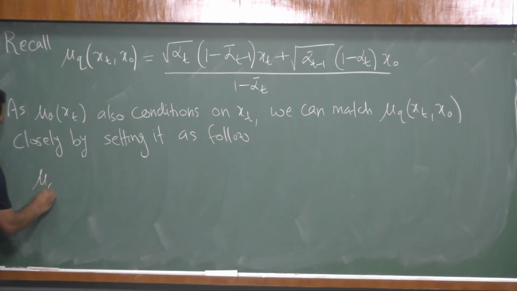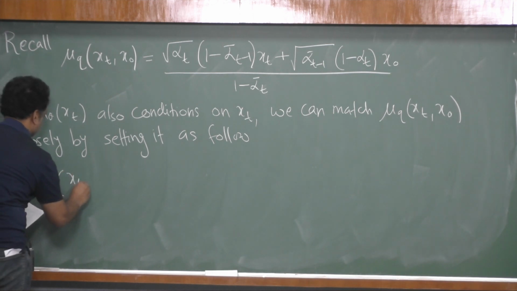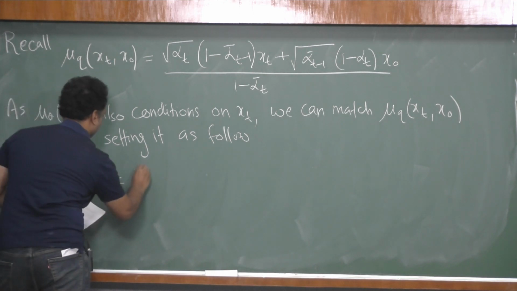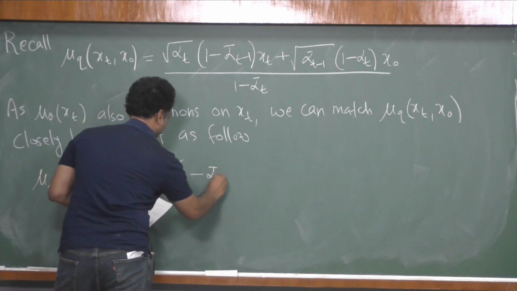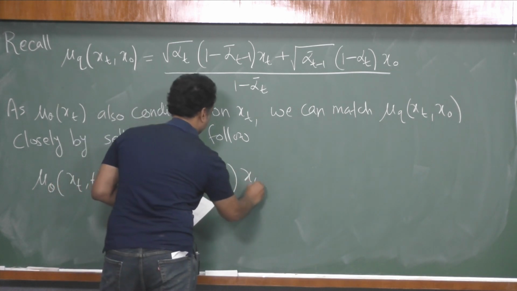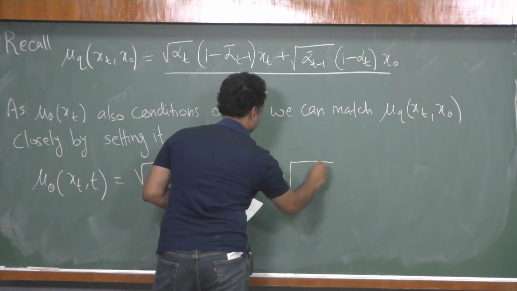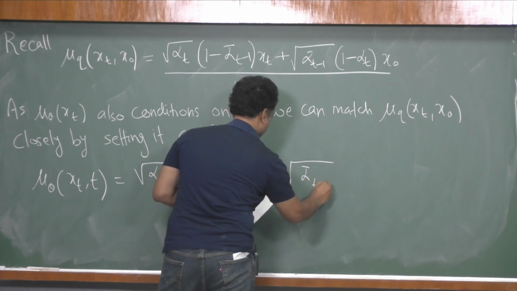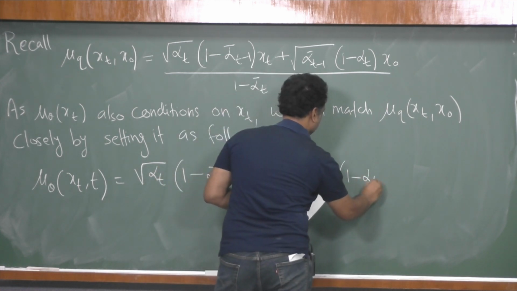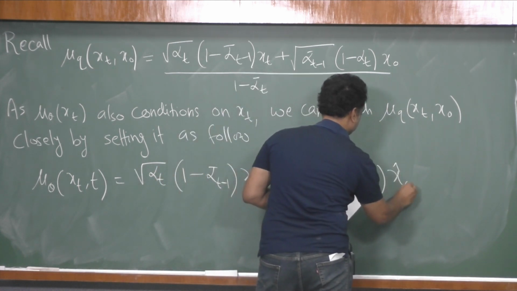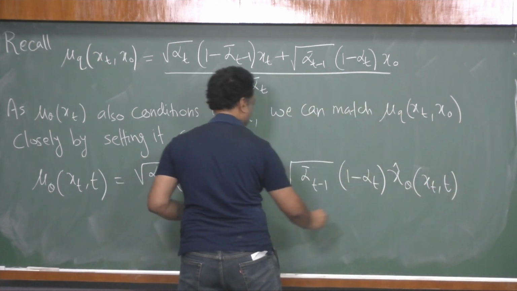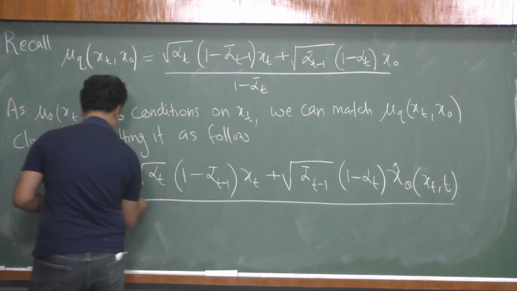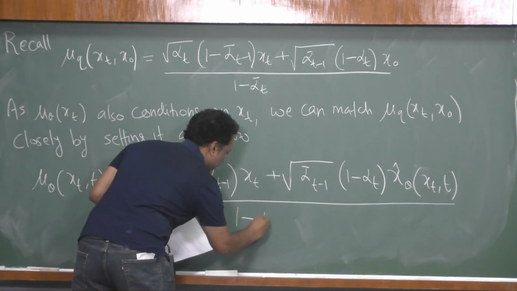So this is mu theta of x_t, t: square root of alpha t times (1 minus alpha bar t minus 1) x_t plus square root of alpha bar t minus 1 times (1 minus alpha t) x hat theta of x_t, t, and the whole thing divided by 1 minus alpha bar t.